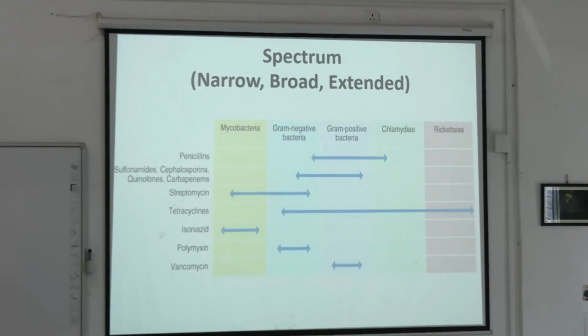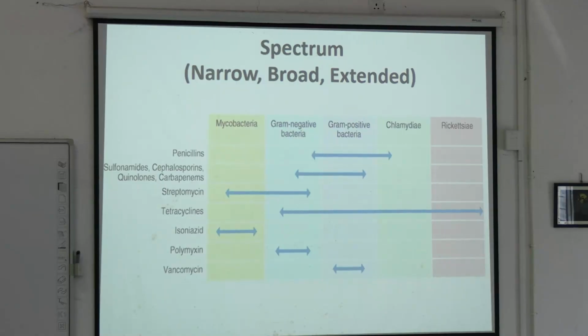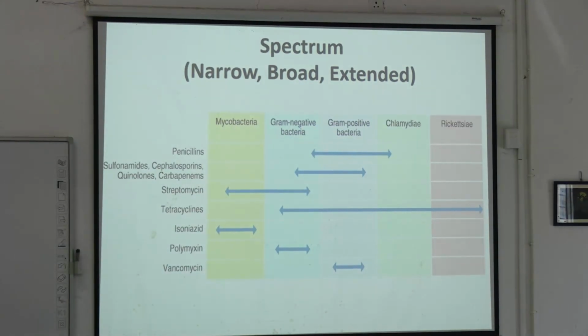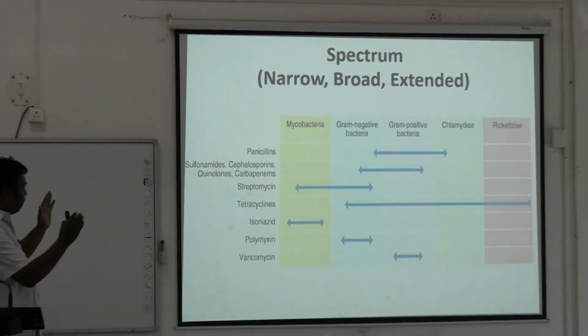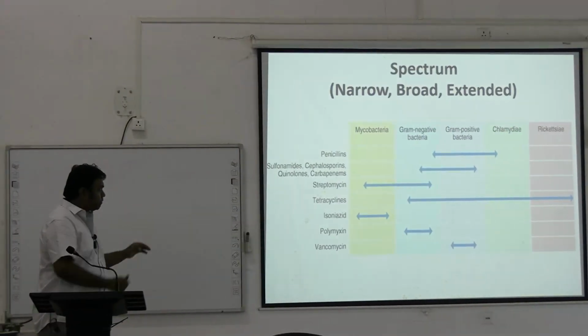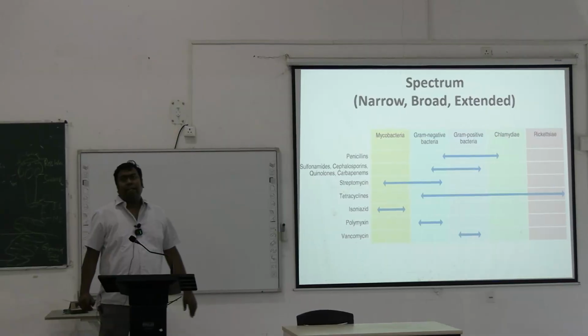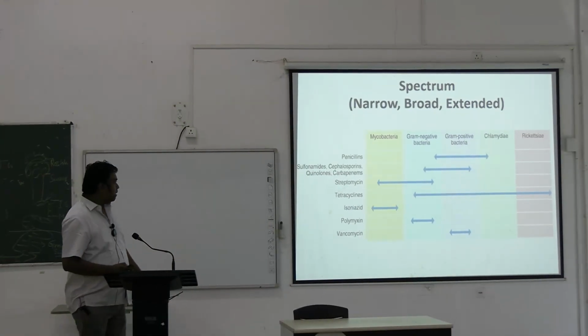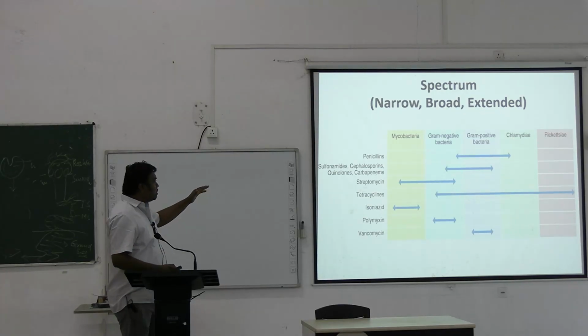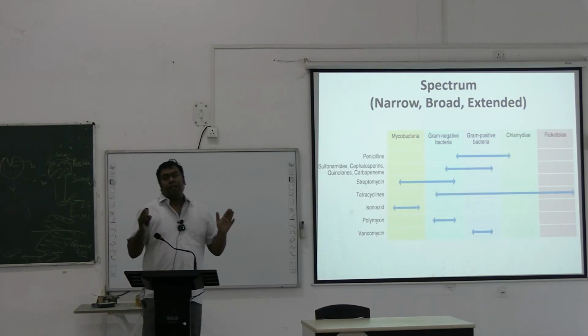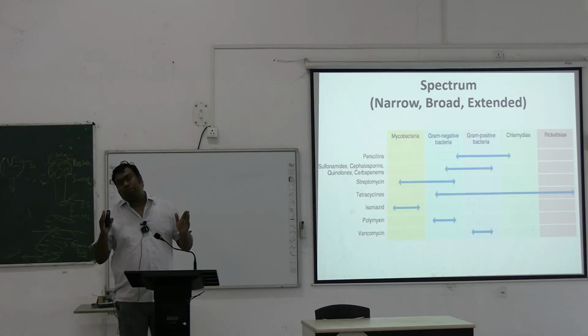So if we go for the spectrum, penicillin primarily covers gram positive, and a few of them can cover chlamydia and gram negative bacilli, whereas cephalosporin, sulfonamide, quinolones, carbapenem are restricted to gram positive and a few gram negative.